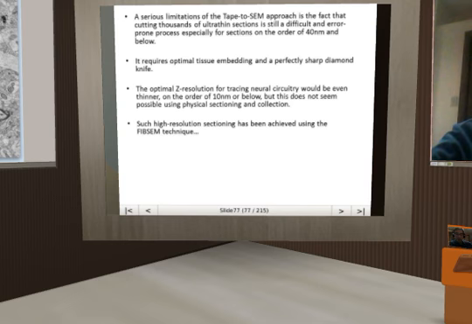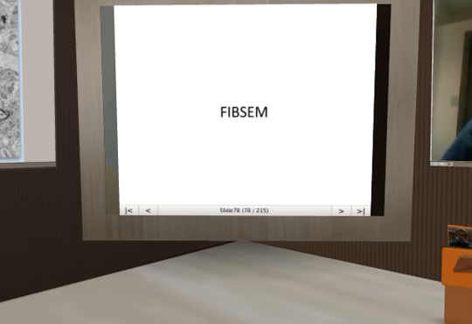The optimal thickness for tracing neural circuitry would be even thinner, on the order of about 10 nanometers or below. But this does not seem possible using physical sectioning and collection like this. Such high-resolution sectioning has been achieved, however, using the focused ion beam SEM technique, which I'll go to next.